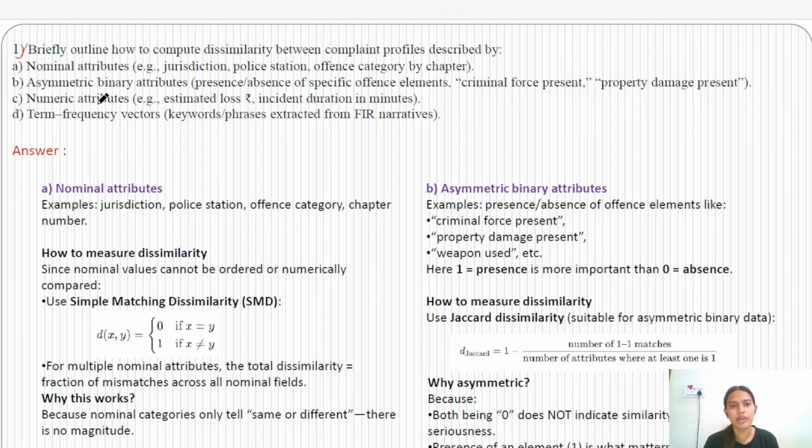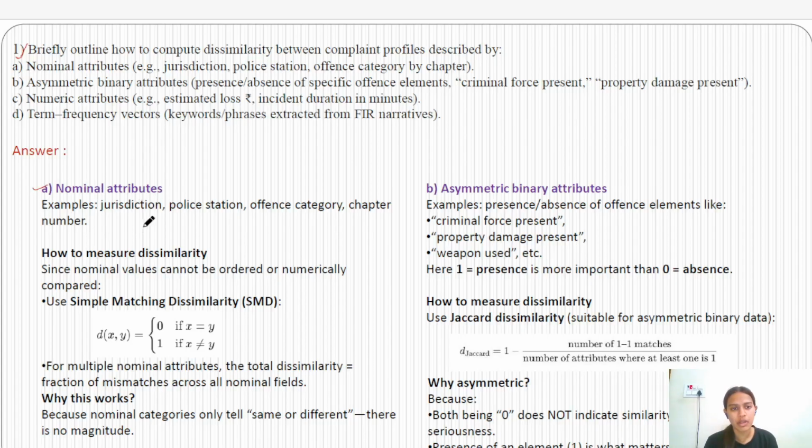C. Numeric attributes, for example, estimated loss in rupees, incident duration in minutes. D. Term frequency vectors, keywords and phrases extracted from FIR narratives. So first we will see A.